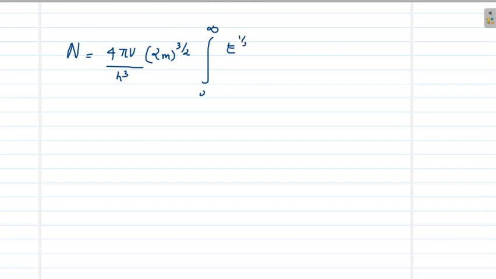So first of all, in the derivation of the Fermi energy and its dependence on temperature, we had one integral from the equation for n, which is 4 pi V by h cube into (2m) whole raised to 3 by 2 into the integral from 0 to infinity of E raised to 1 by 2 dE divided by exponential of (E minus EF) by kT plus 1.